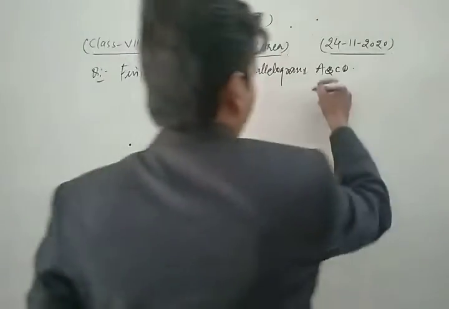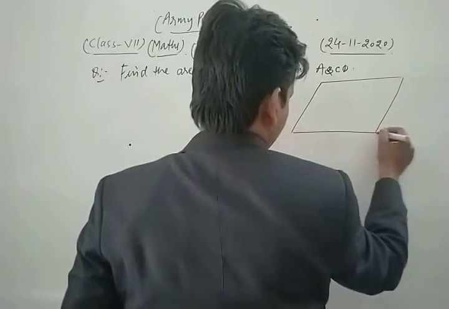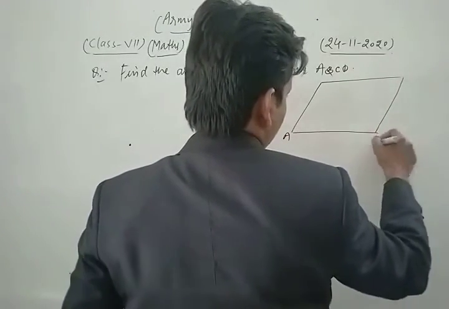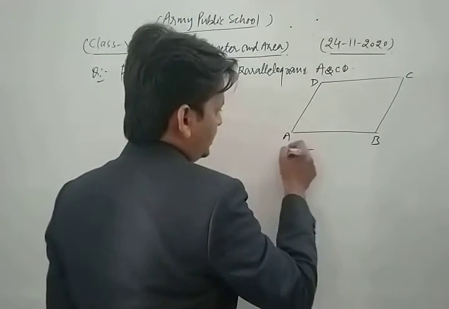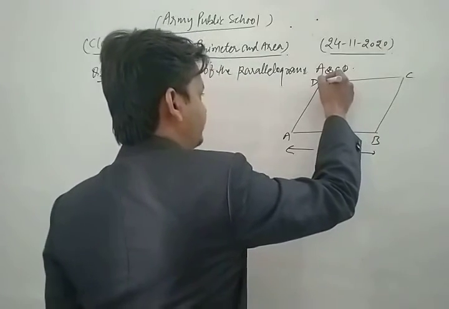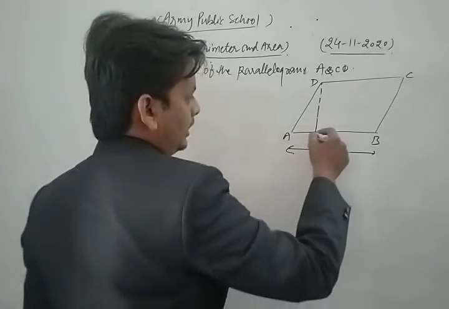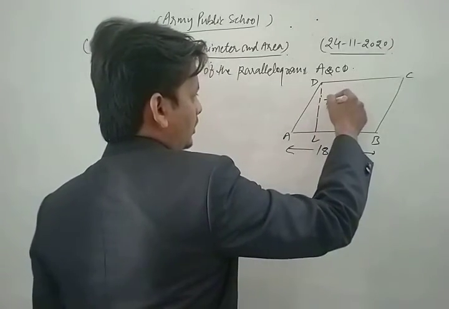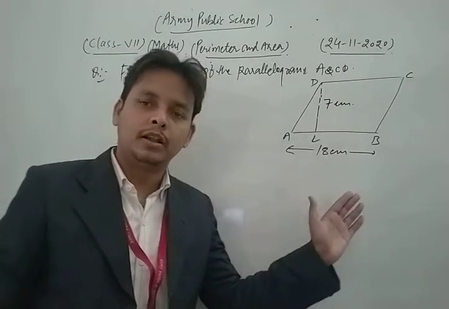ABCD is a parallelogram in which AB is given as 18 centimeter and DL is given as 7 centimeter. This is your figure which is given in our question.